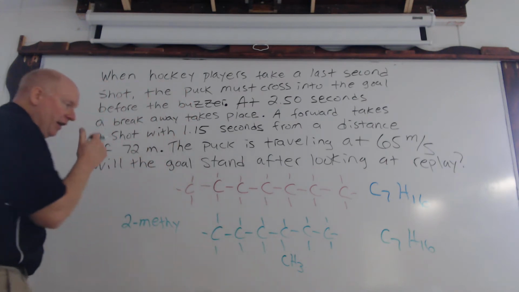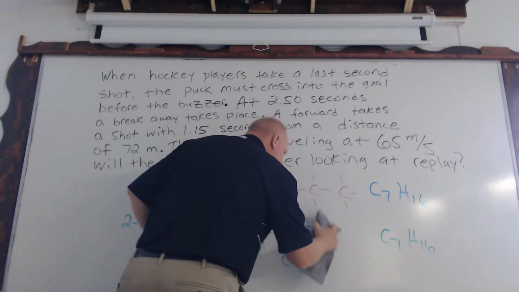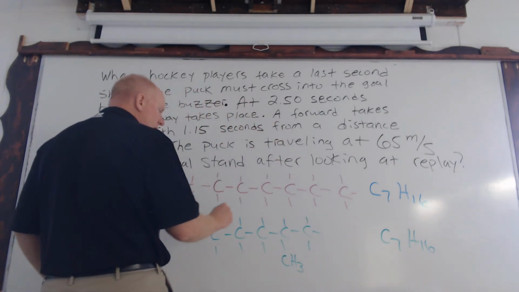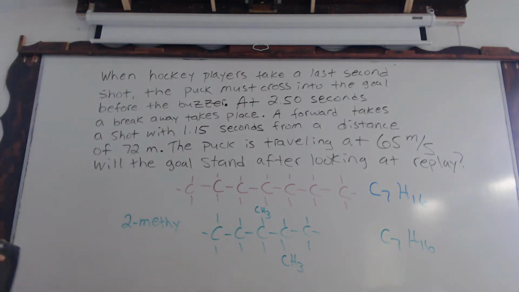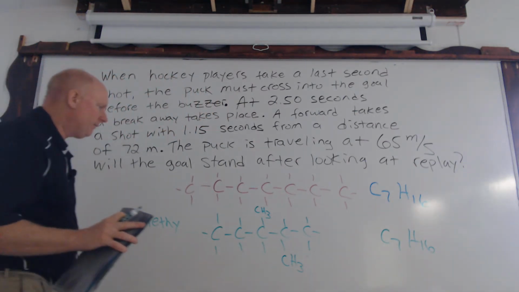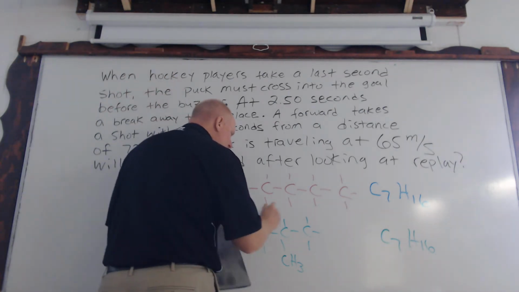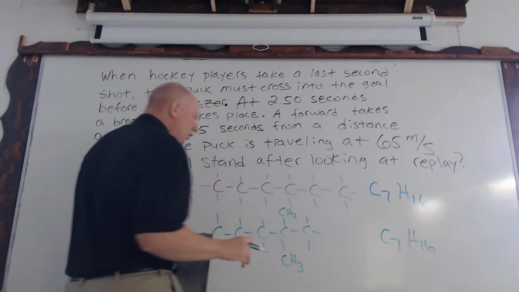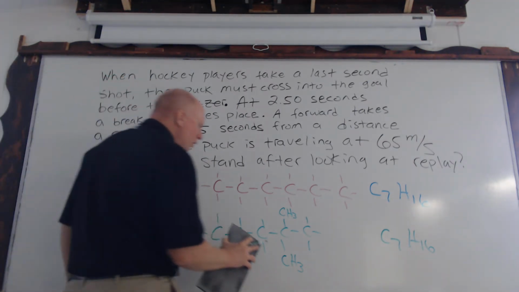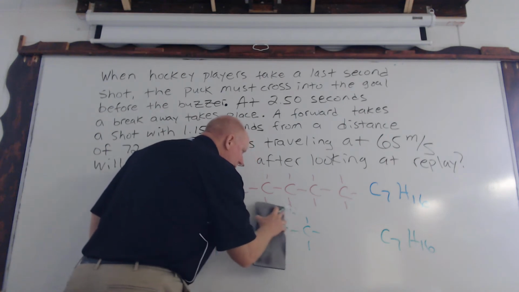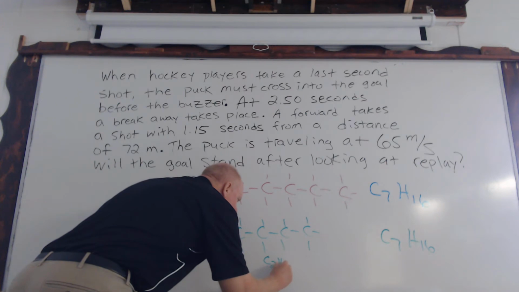Another thing you can do is take this one off of the end again and put this on a separate carbon. Now you've got 2,3-dimethyl pentane. Or you can put them on the same one, 2,2-dimethyl pentane. And then finally you can make an ethyl group out of that and put it down here, C2H5.